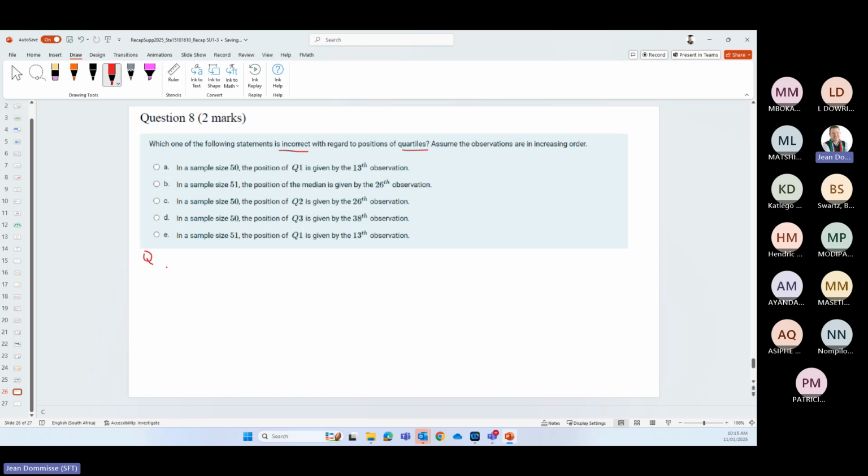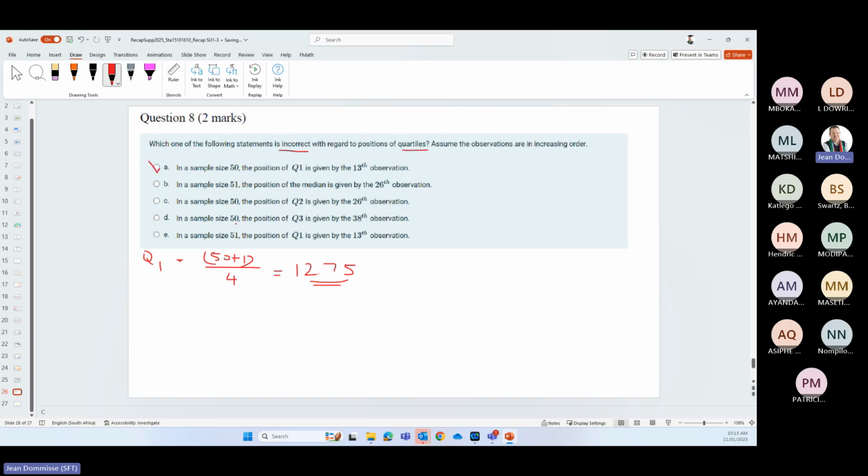The first one is quartile 1, it's n plus 1, so 50 plus 1 divided by 4 gives us 12.75. So in a sample size of 50, the position of Q1 is given by the 13th observation. So we will round that off to 13.